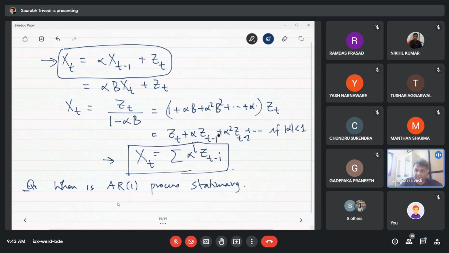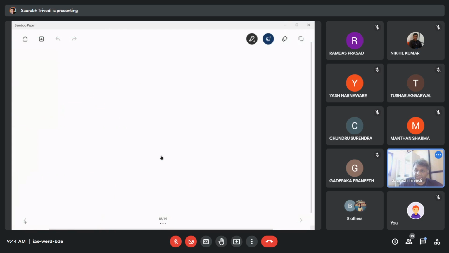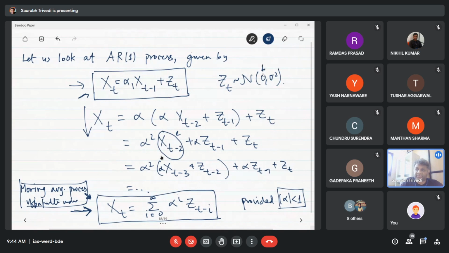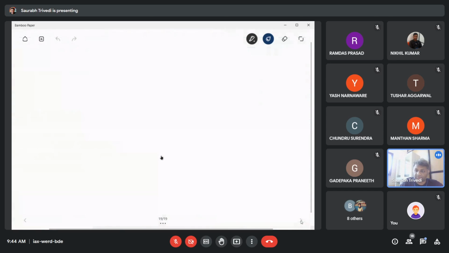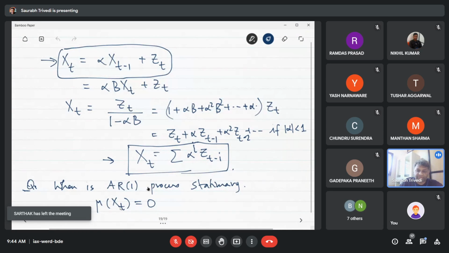So first of all, the mean of xt, or actually I should write expectation here, will be 0, right? Because each zt has mean 0. This is what we started with here. So the expectation of xt is 0.